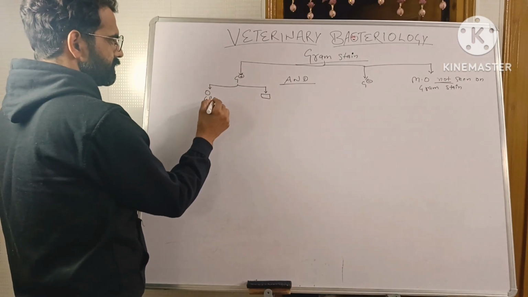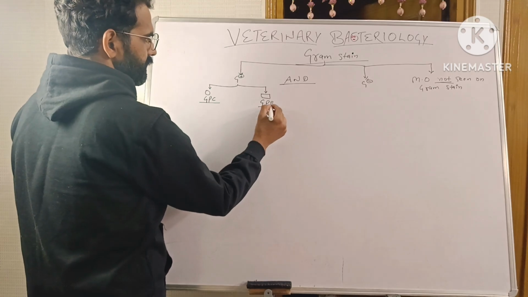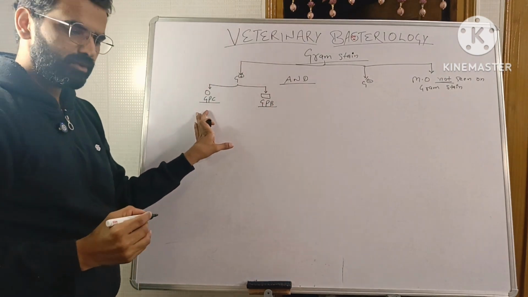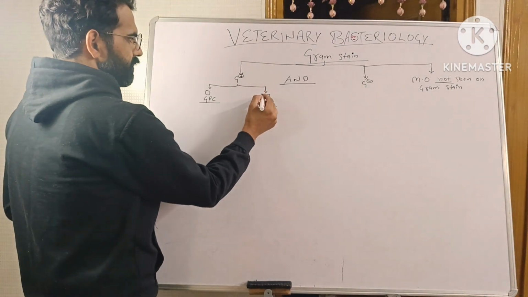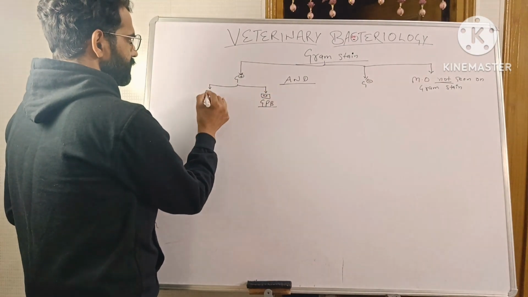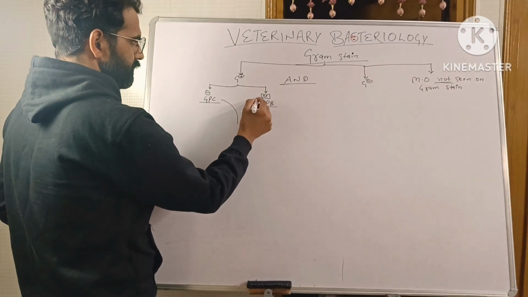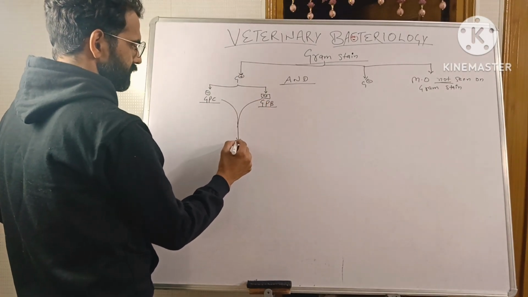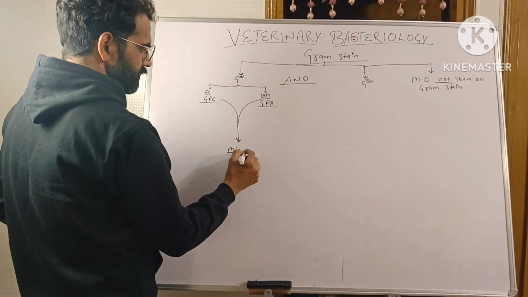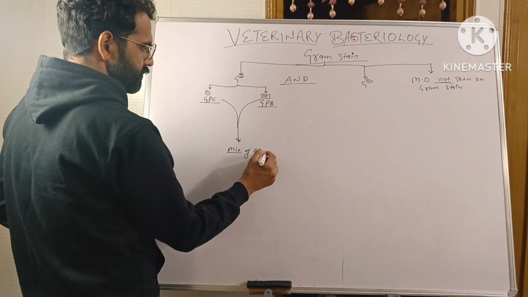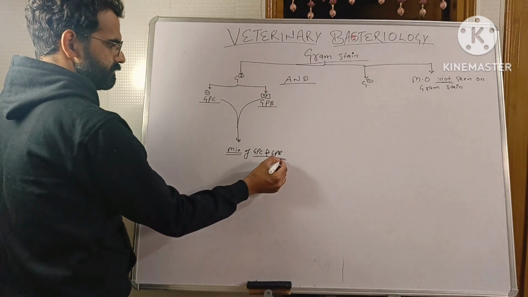They can be called gram positive cocci, gram positive bacilli, and we also have a mixture of gram positive cocci and gram positive rod shape bacteria.